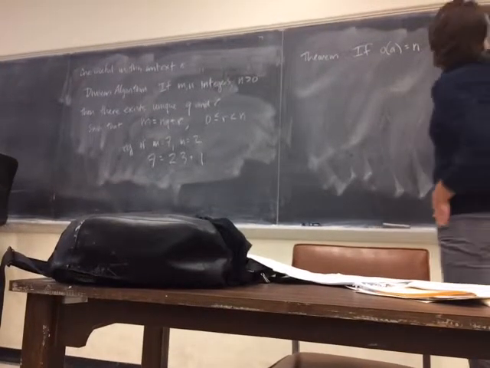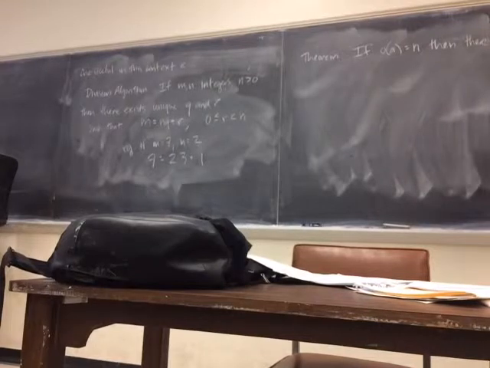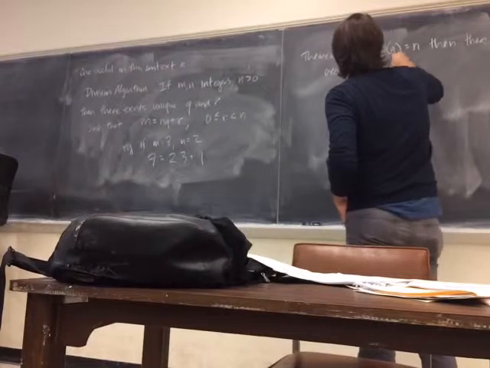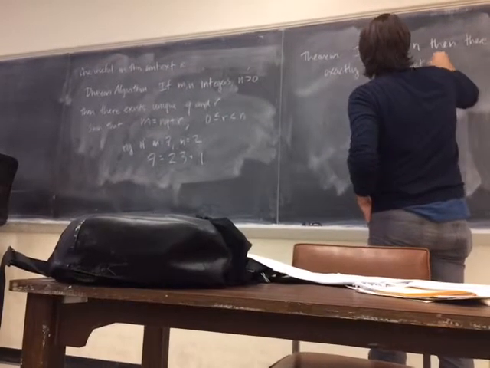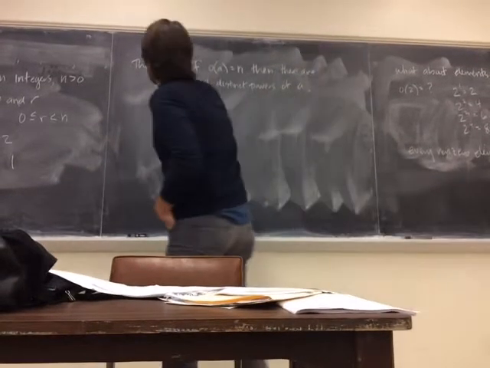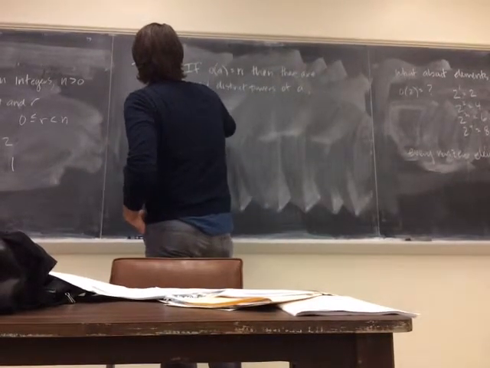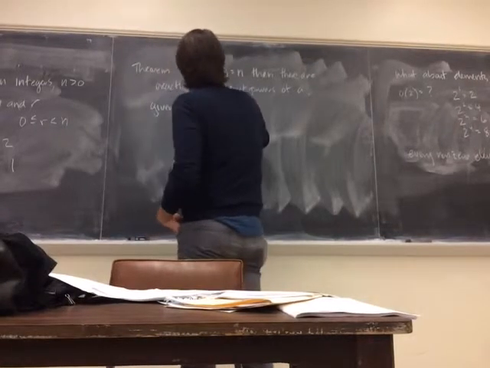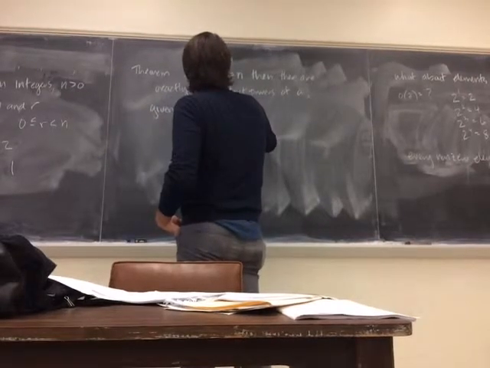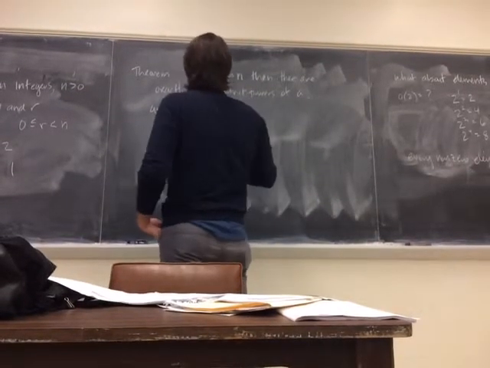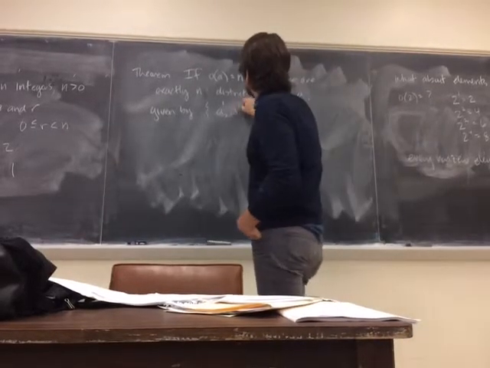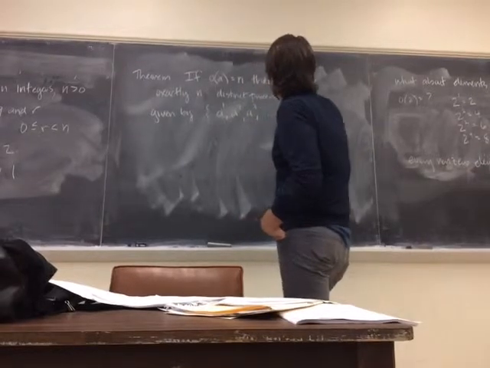So there are exactly n distinct powers of A, given by a to the 1, which is A, A squared, A cubed, up to a to the n, which is what?